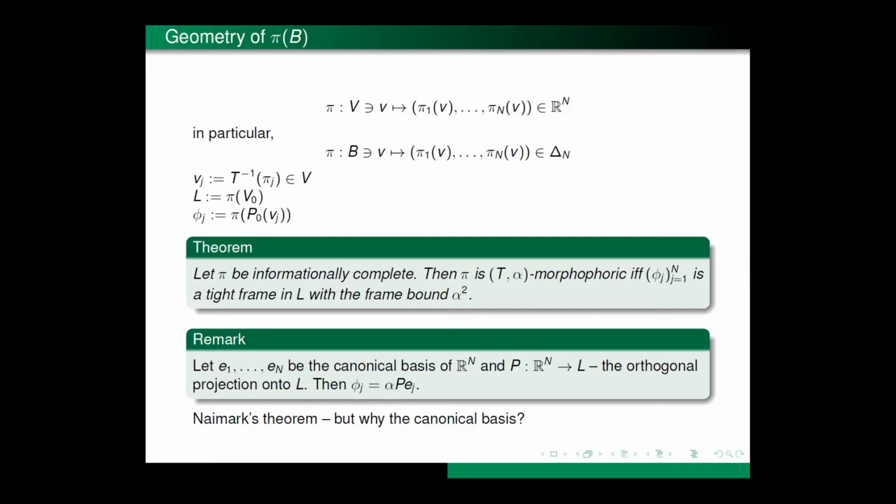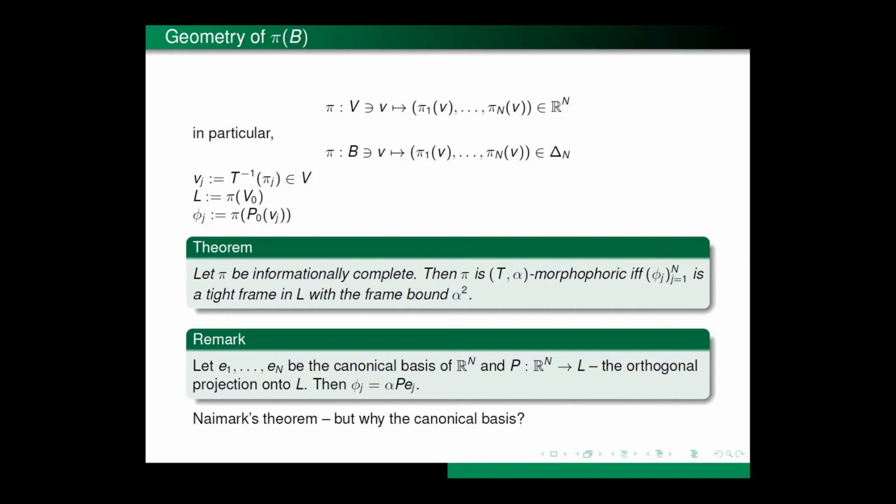However, it is an interesting one, because from the Neymark theorem, we know that if we've got this tight frame in some space, then there exists an orthonormal basis in the larger space, such that this tight frame is an orthogonal projection of this orthonormal basis in this larger space.